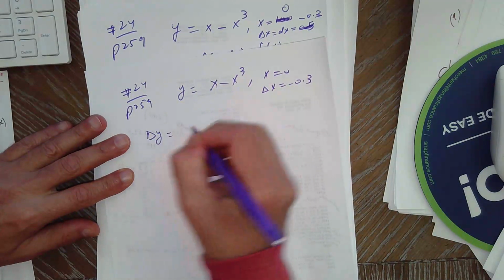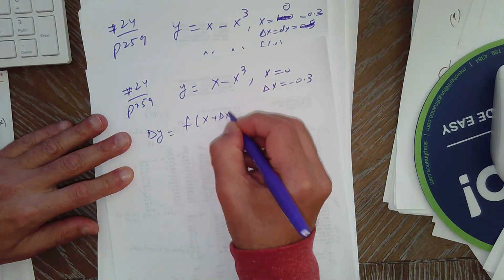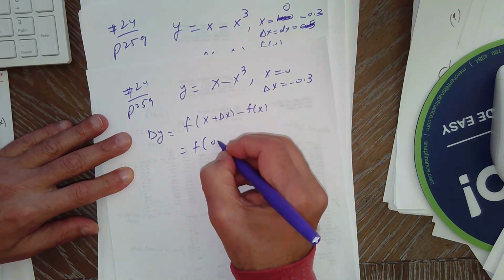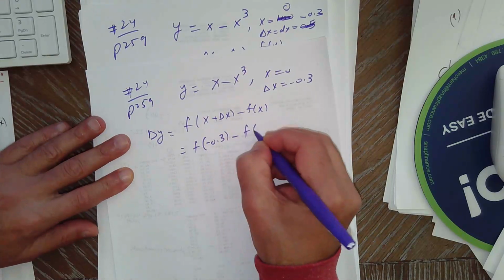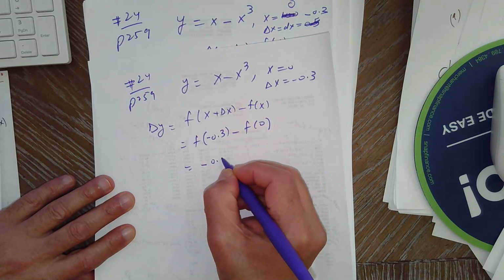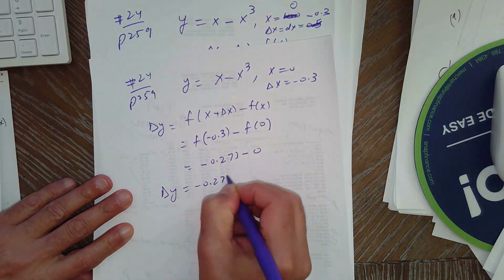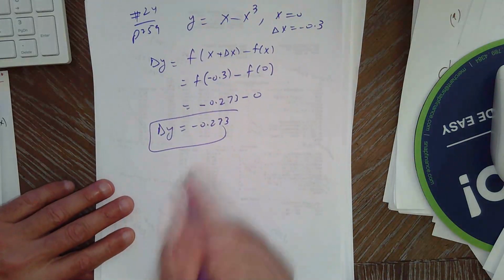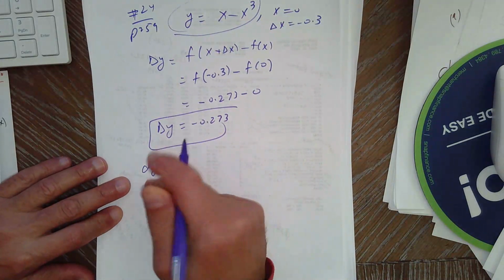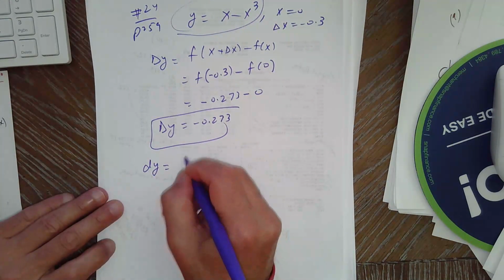So to find delta y, it's f of x plus delta x minus f of x. So f of 0 plus negative 0.3 minus f of 0. If you plug that in, you have calculators, you can do that. Negative 0.273 minus 0. So delta y is negative 0.273. That's the actual change, and actual means relative to the curve, not the tangent line. dy, the estimated change in y, which is relative to the tangent line, is f prime of x.